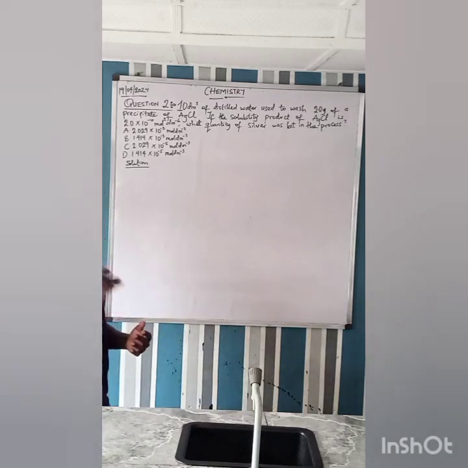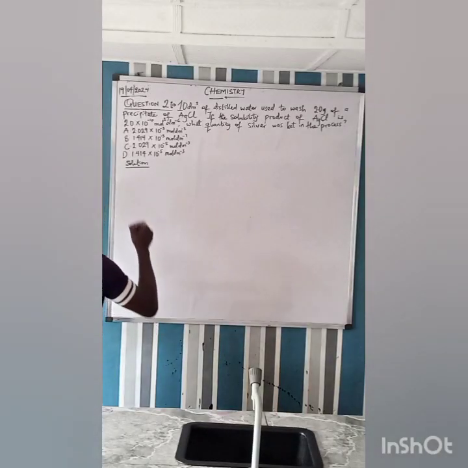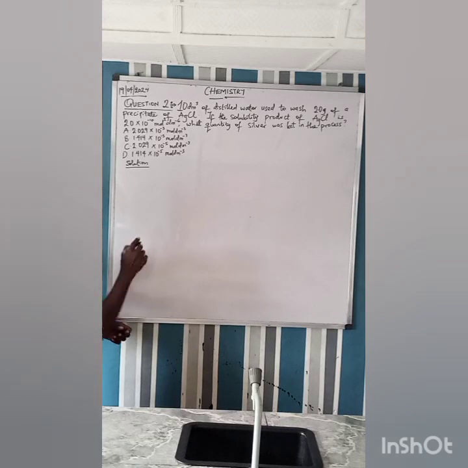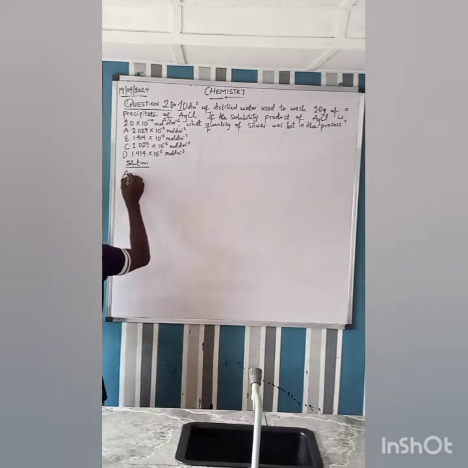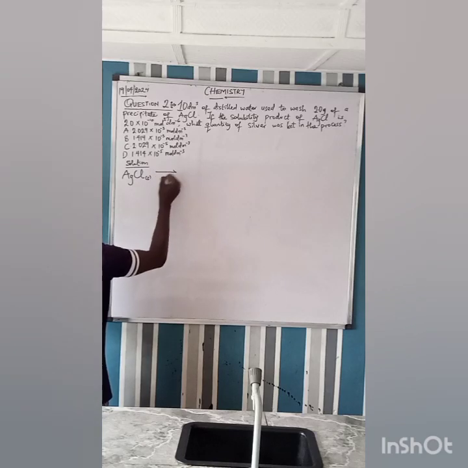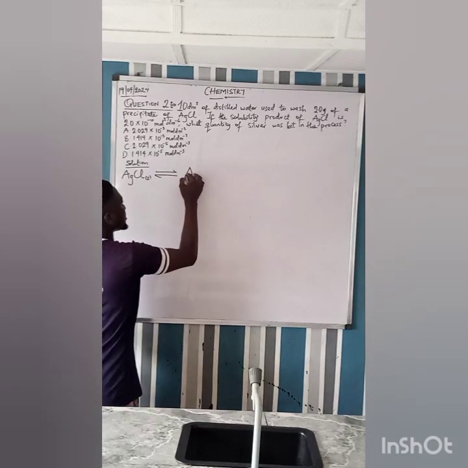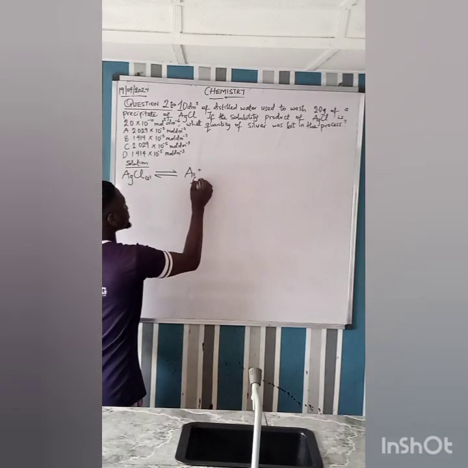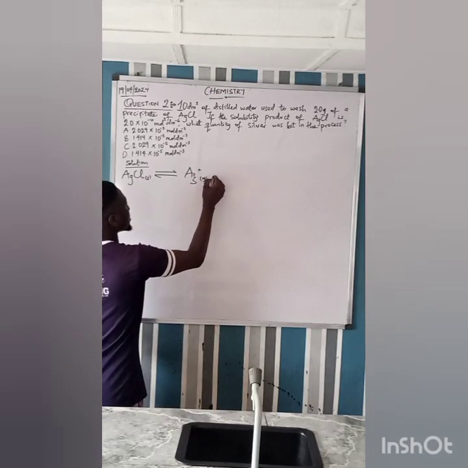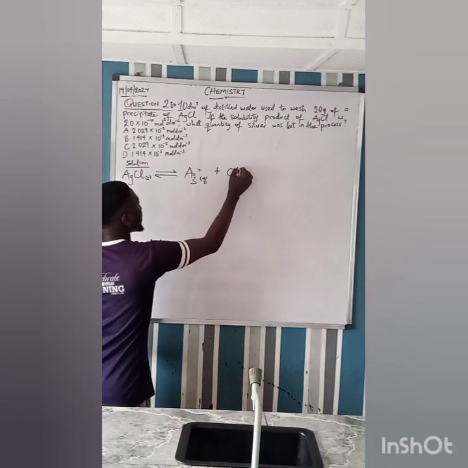So the first thing we have to do is to show the equation, that is the ionic equation. We have silver chloride solid, so it's going to be a reversible reaction, giving silver ion plus chloride ion.